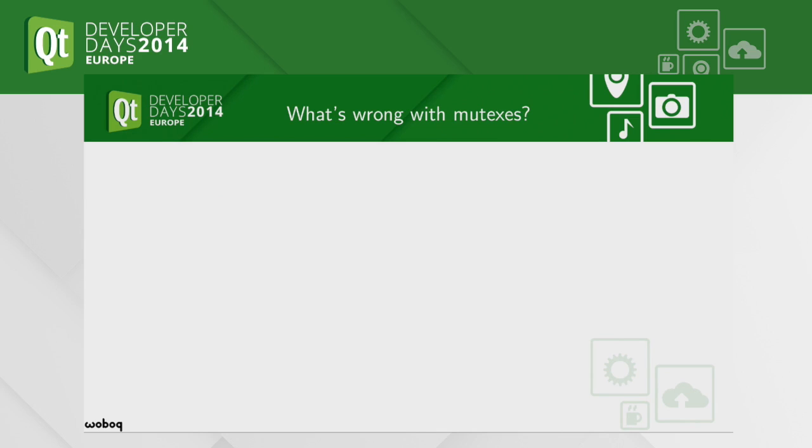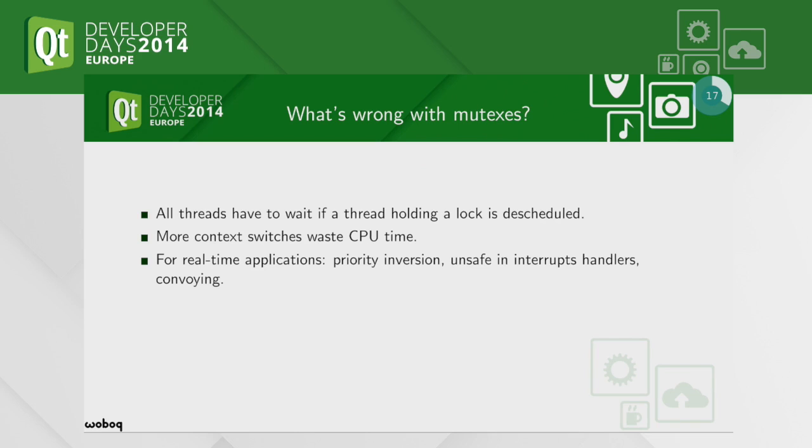So usually mutexes are fine. Even though we might think they're slow, and they are, they are probably less slow than what we might think. But still, they're indeed slow, especially if there is contention. That means that there are a lot of threads trying to access the same mutex at the same time. Imagine one of the threads locks the mutex, but then goes to sleep. It is scheduled away by the operating system.